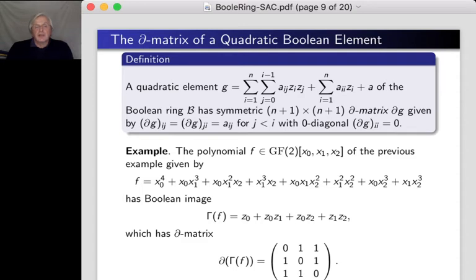It's a symmetric matrix, and in this case we can see that this matrix has rank 2, which happens because the polynomial f is a rank 2 product polynomial, and this is its Boolean image.